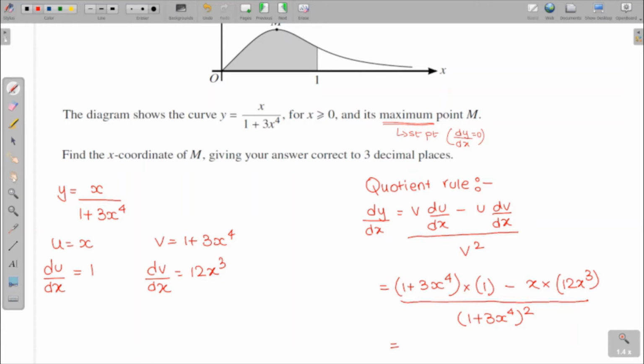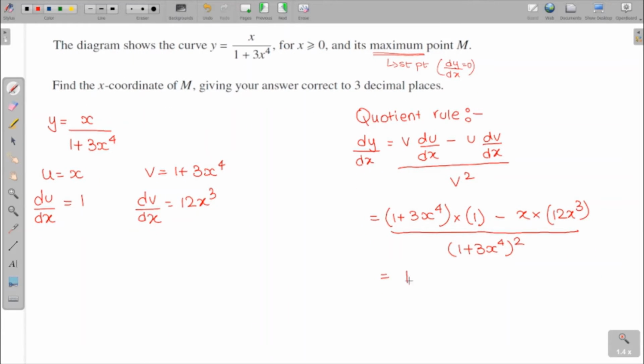So if we simplify this, this will become 1 plus 3x to the power 4 minus x into 12x cube, which will come to 12x to the power 4, divided by 1 plus 3x to the power 4 whole square.